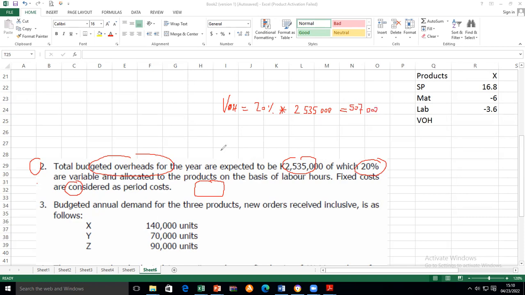And what is the budgeted hours? 6,500. Yes. So what is the rate that you get? 78.